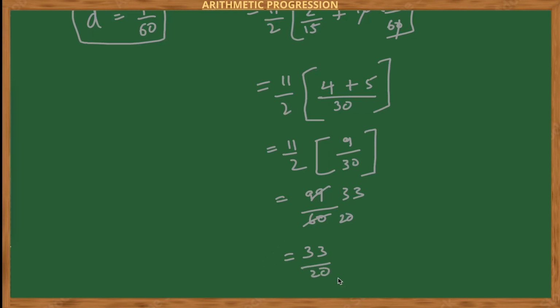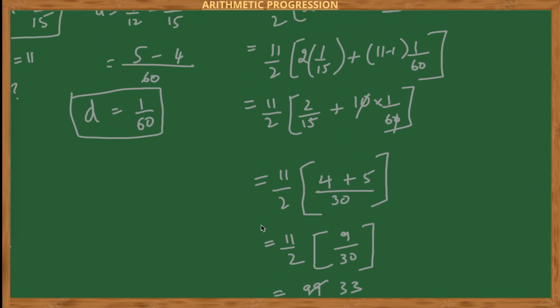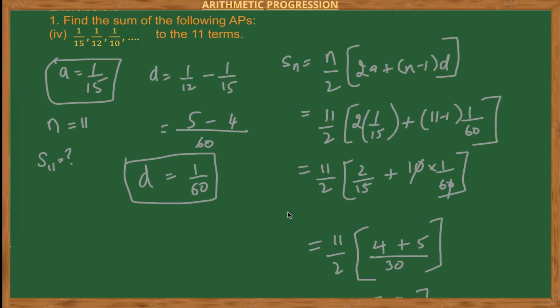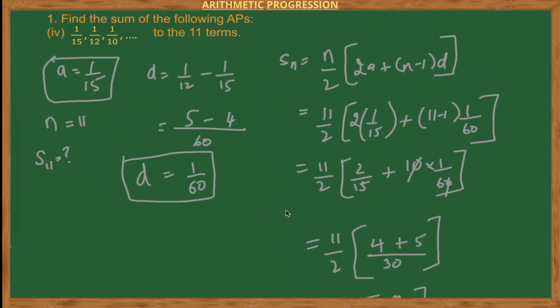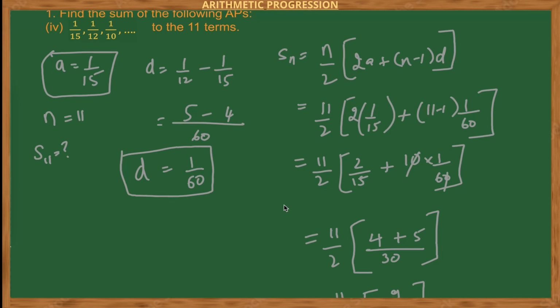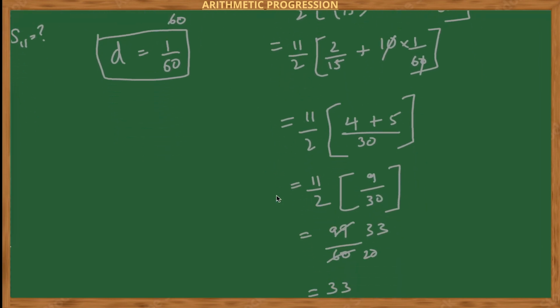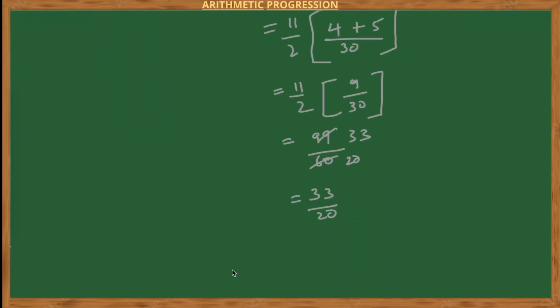Okay, S11 is in a fraction format. The sum we have received is also in a fraction format. So S11, the sum of the first 11 terms of this arithmetic progression, is 33 by 20. Hope this is clear, students. Okay, so let's move to the next slide.